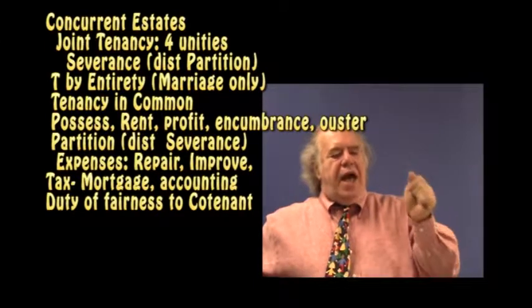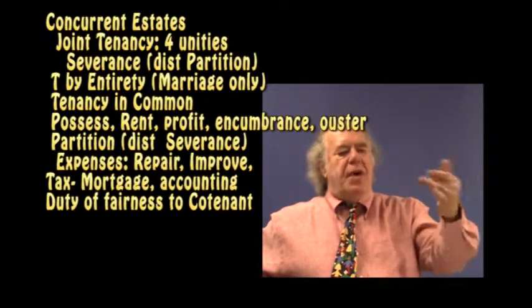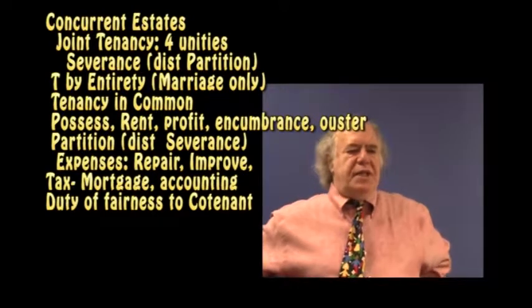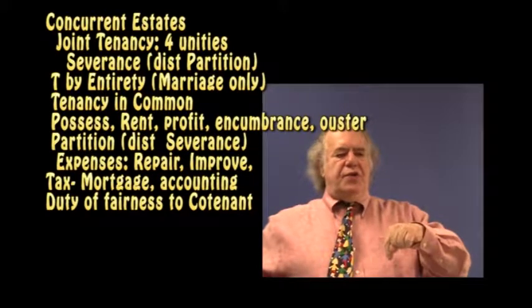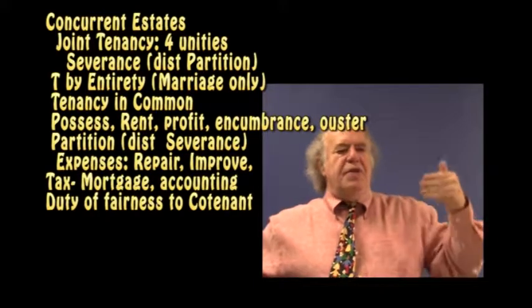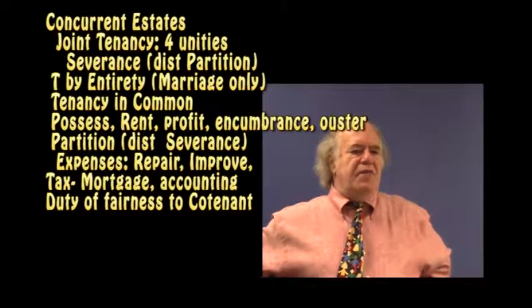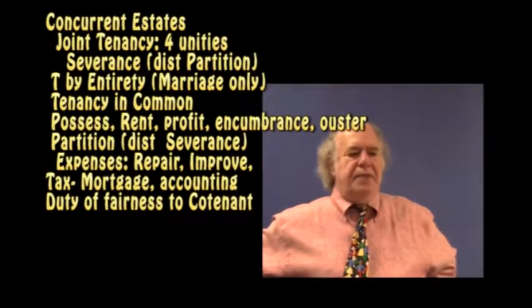C has the right to transfer it by will, or otherwise it passes under the laws of intestacy to whoever is C's heir at law. C can transfer it during his lifetime to D, and D becomes a co-tenant with A and B. It's now A, B, and D. So very different. No severance, no right of survivorship with tenancies in common.